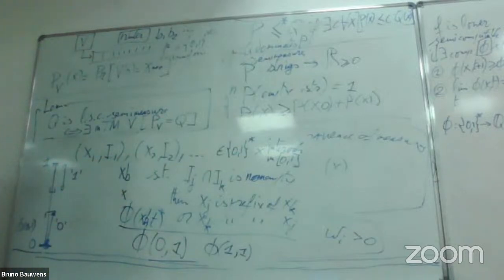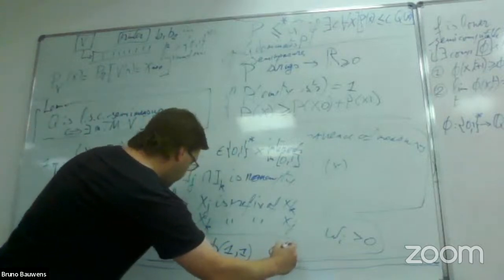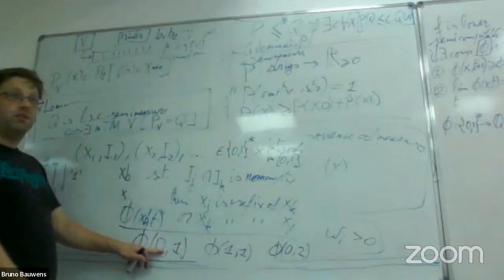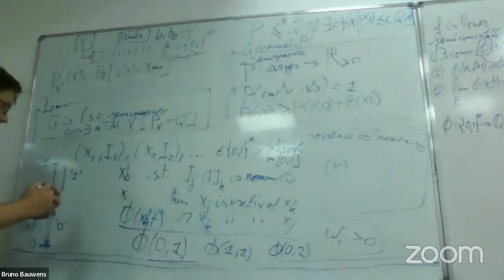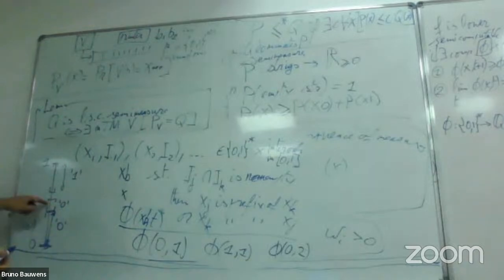Then in step 2, we start again. For the empty string, we don't do anything. Then we look at phi 0, 2, which might be a bit bigger than phi 0, 1. So in the second step, we allocate a new interval to 0 again. We look for free places, an interval that's not assigned to strings of length 1, and then we allocate this interval again to the bit 0.